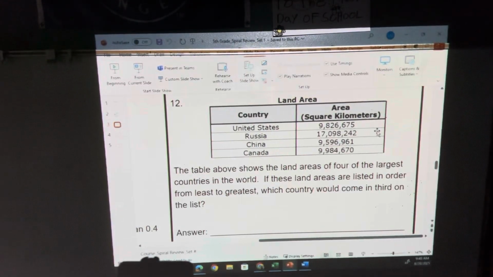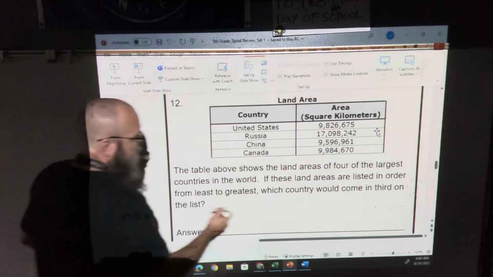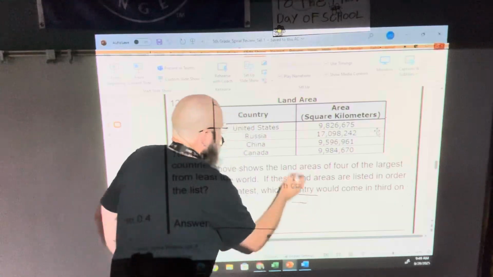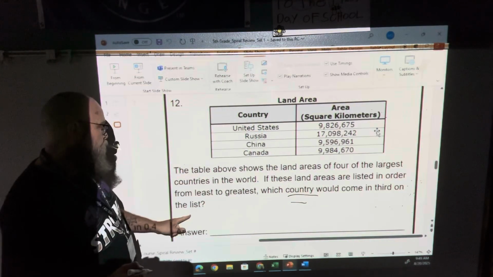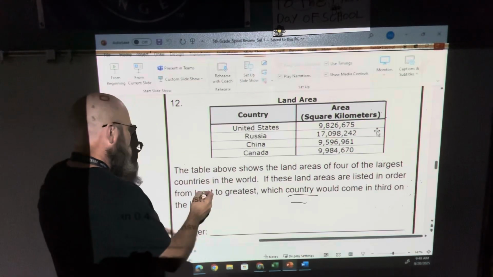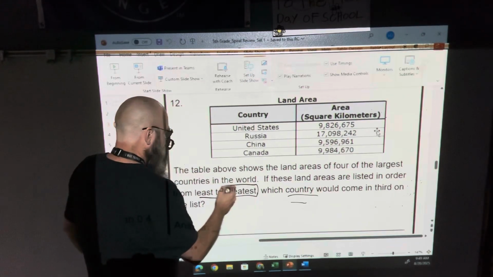All right, Spiral Review 1, problem number 12. The table above shows the land areas of the 4 largest countries in the world. If these land areas are listed in order from least to greatest, which country would come in third on the list? So my answer is going to be one of these words. And we are listing them in order from least to greatest.